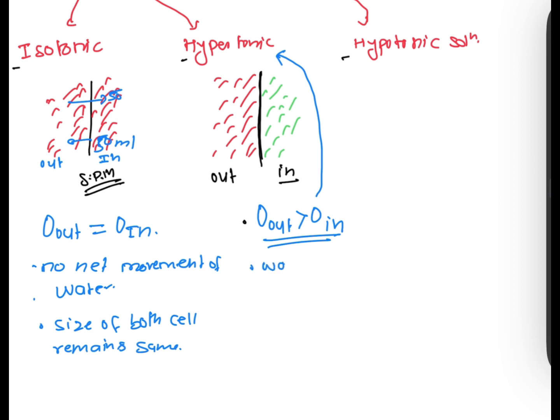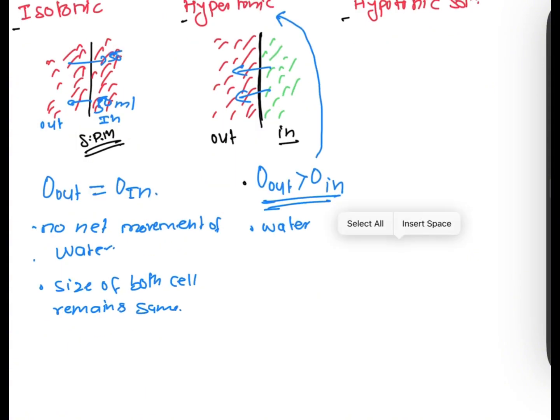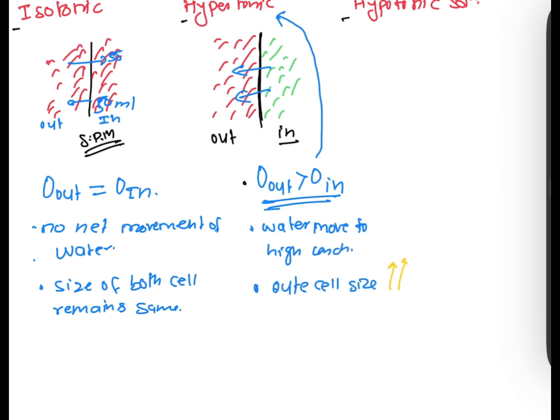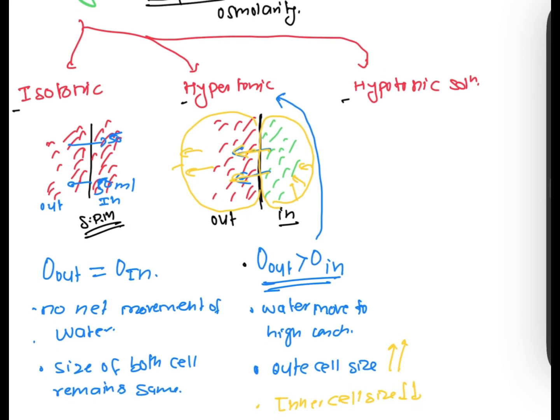When there is a difference in the osmolarity of the two solutions, there is net movement of water. In this case, water moves from lower concentration to higher concentration, that is from the inner cell to the outer cell. So the inner cell size decreases and the outer cell size increases because the water moves from inner cell to outer cell.